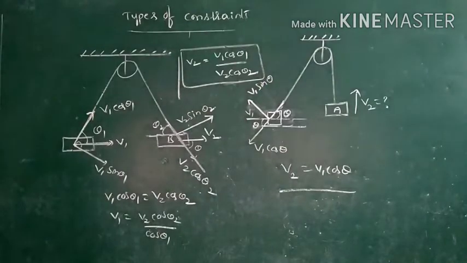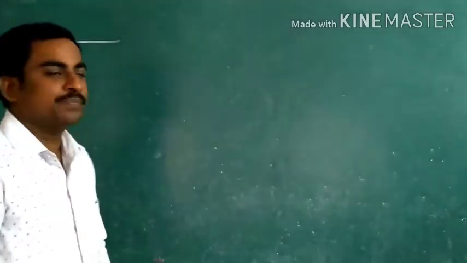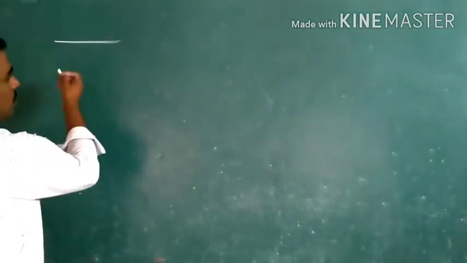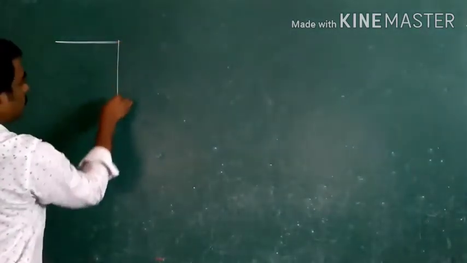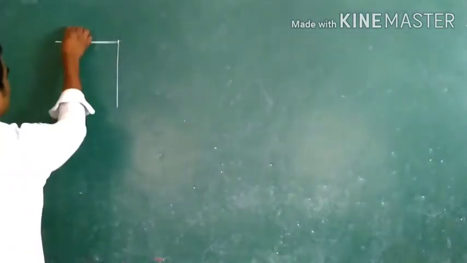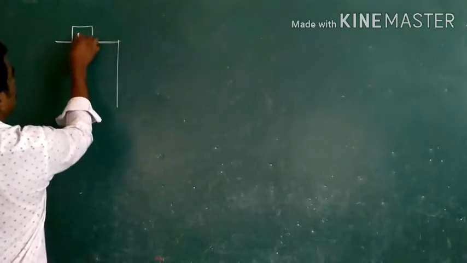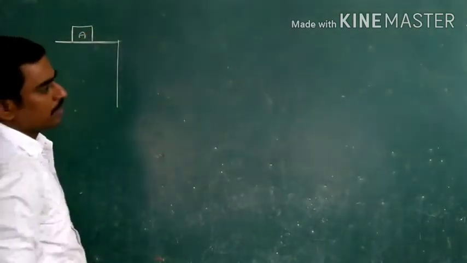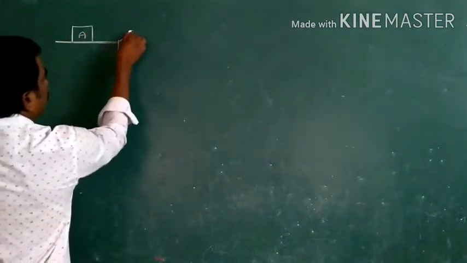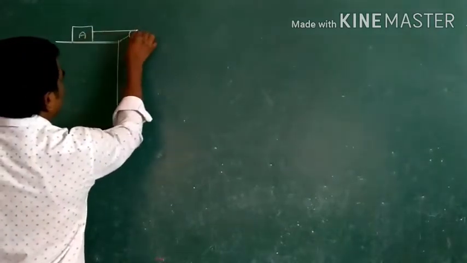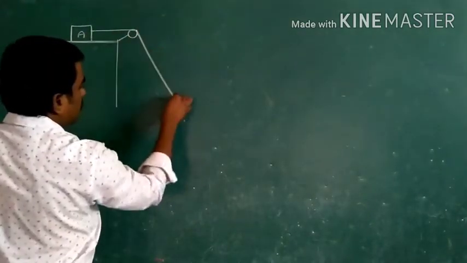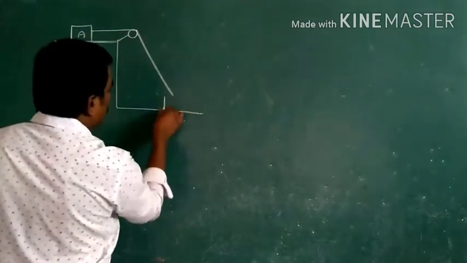Okay, let us see one more problem. So this is a table. On the surface of the table, we are going to keep a block, and there is a pulley. Over this pulley, there is one more block.